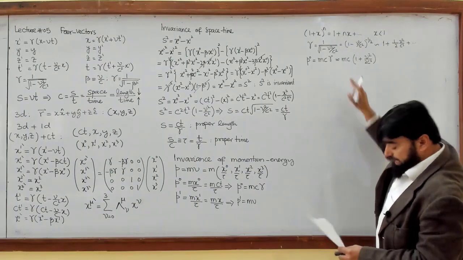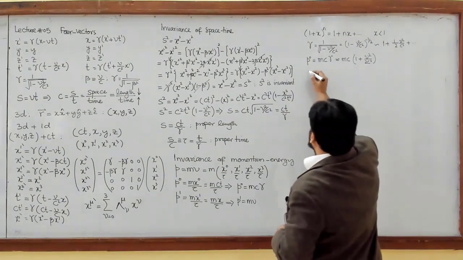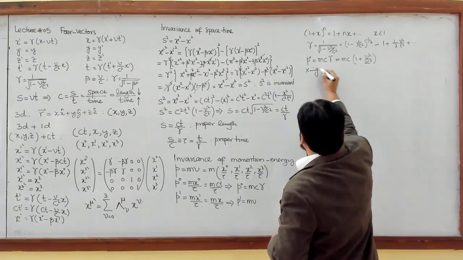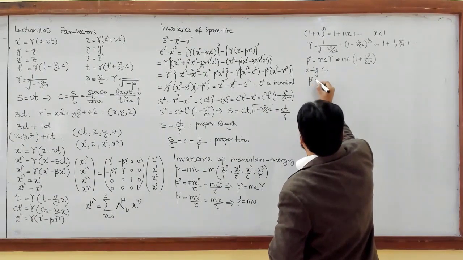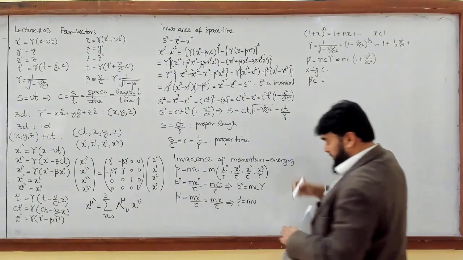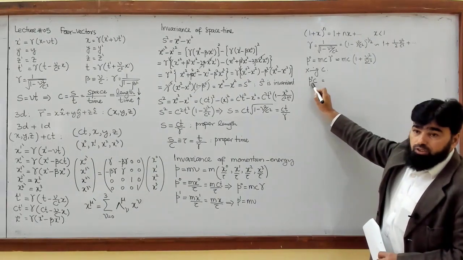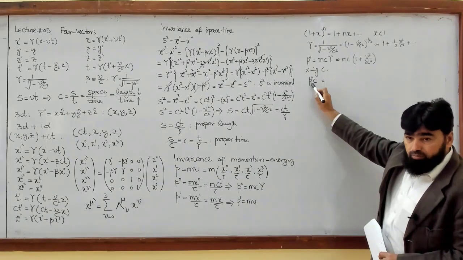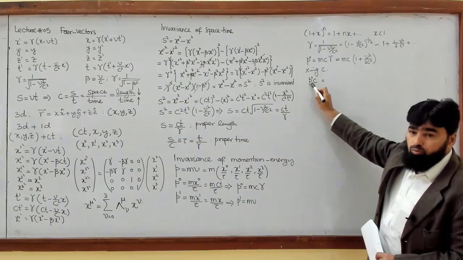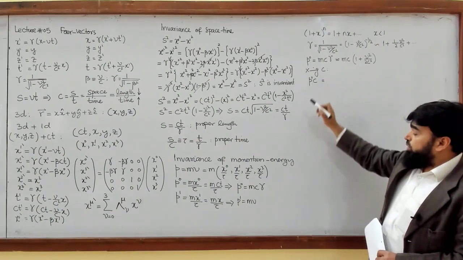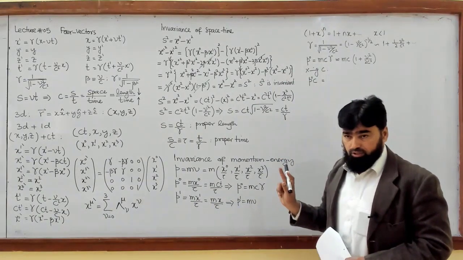Let's multiply both sides with c. If I multiply both sides with c, then P0 c. Okay, keep in mind one thing. P0 is the momentum in the four-dimensional vector, in the four-vector notation, while P is the momentum in the three-dimensional.